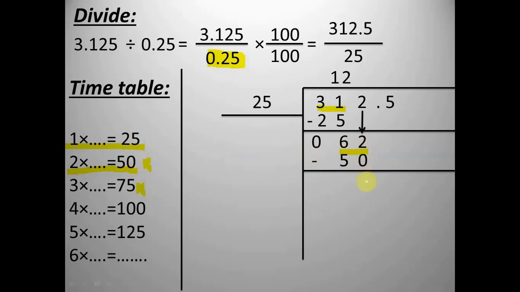2 take 0 equals 2, 6 take 5 equals 1. We won't write down 5 yet, but the decimal point we must move to the quotient, and then we can write down 5. The new dividend 125 can be divided by 25 because this number is bigger than 25.